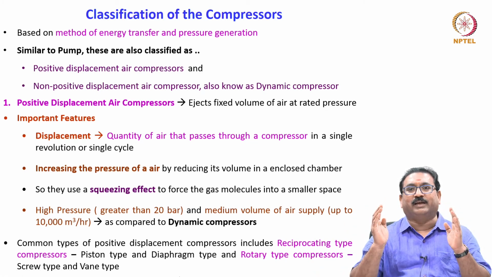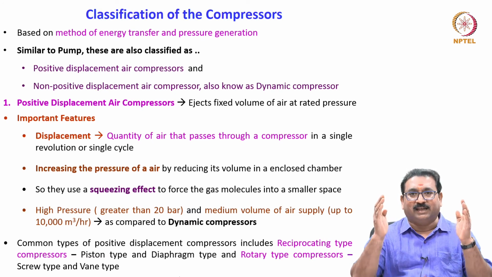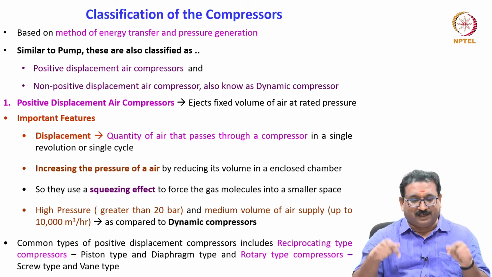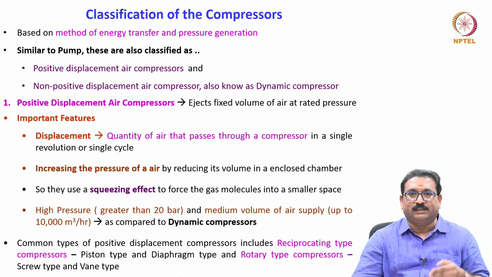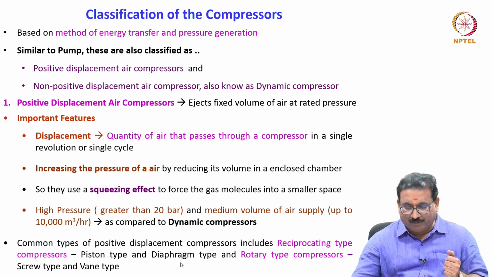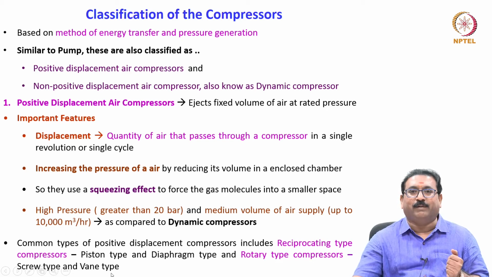Rotary, how many types are there? Gear type, lobe type, internal and external gear. Similar to that, here also we get similar types of air pumps based on the reciprocating, piston and diaphragm. Rotary type, screw type and vane type are more popular in the pneumatic system.